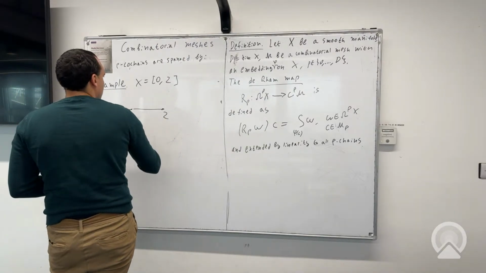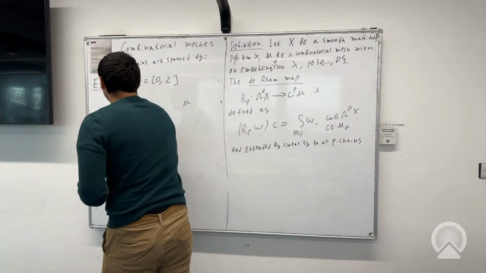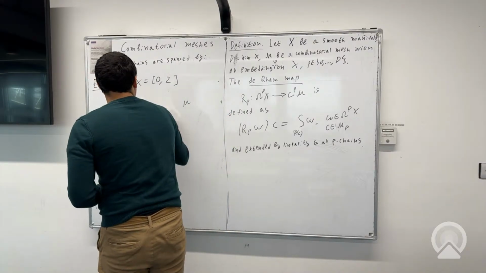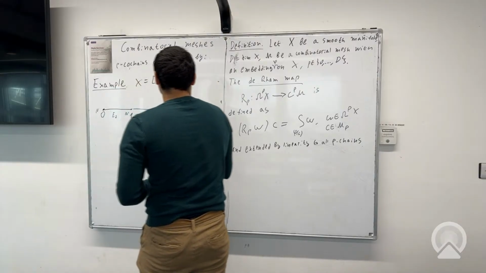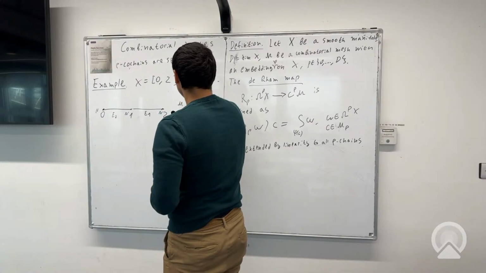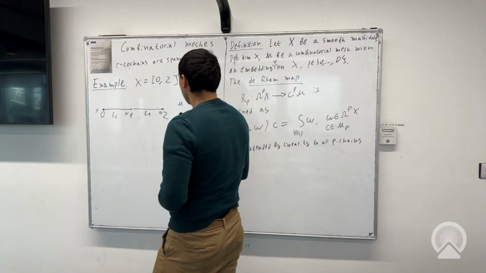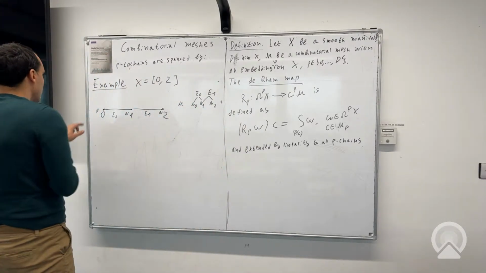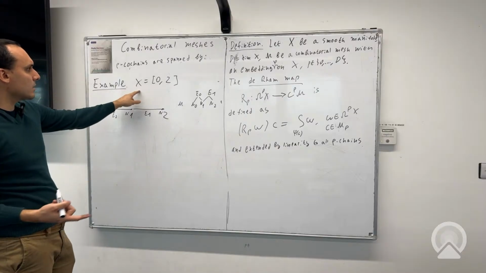And M is this mesh, so M is E0, E1, and N0, N1, N2. This mesh here.